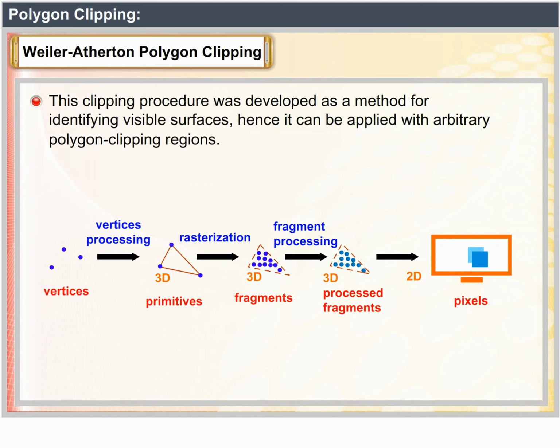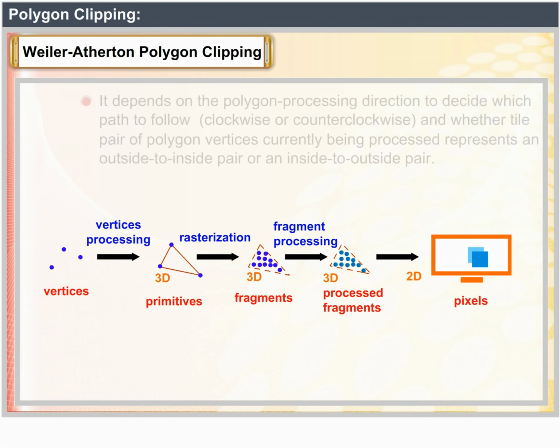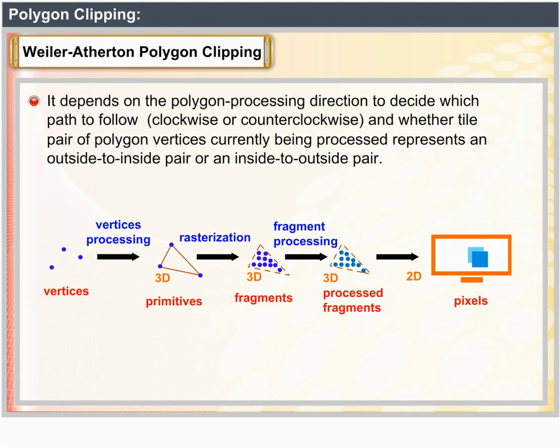The basic idea in this algorithm is that instead of always proceeding around the polygon edges as vertices are processed, we sometimes want to follow the window boundaries. Which path we follow depends on the polygon processing direction, clockwise or counterclockwise, and whether the pair of polygon vertices currently being processed represents an outside to inside pair or an inside to outside pair.